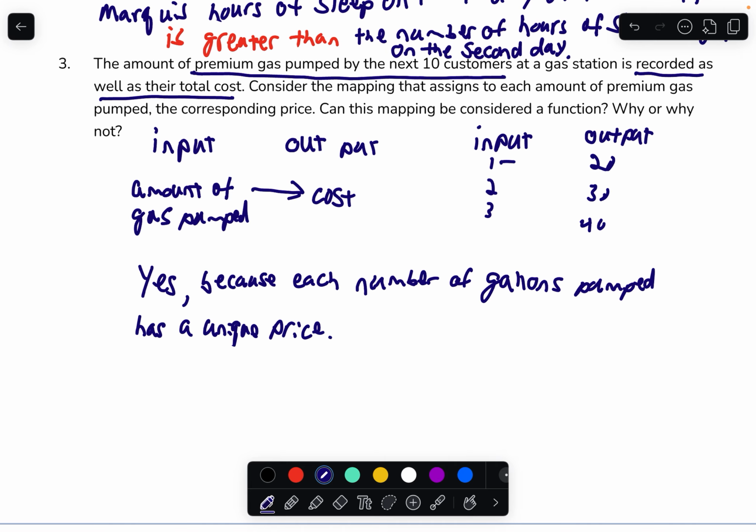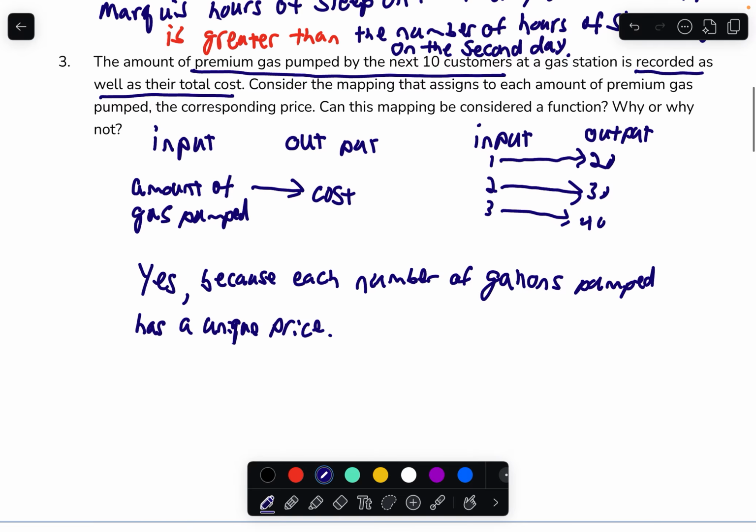And each input is only, this is a mapping where we point arrows, that each input goes to only one output. So they're asking you, is the cost a function of the amount of gas pumped? In other words, each individual amount pumped will have a unique charge, right?